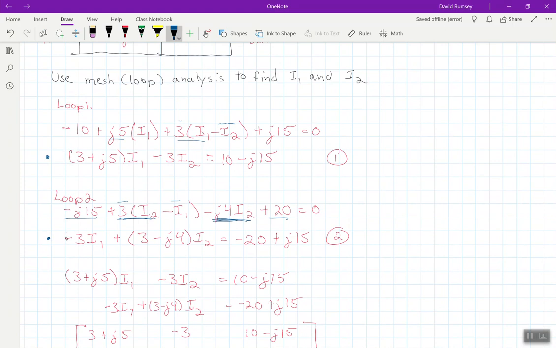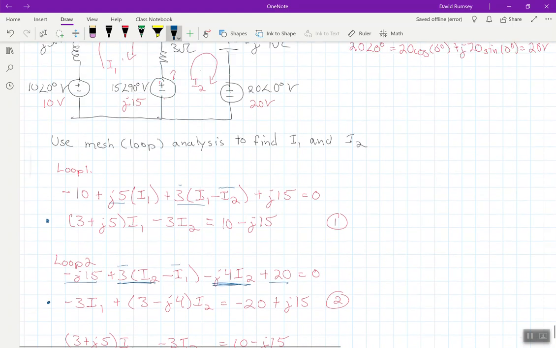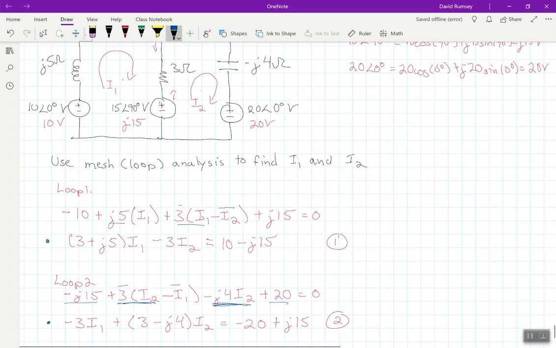Because this really is the key factor. Do you understand that the voltages in a loop add up and sum to 0, and that you can then do the impedance times the current? These are really the two critical pieces.